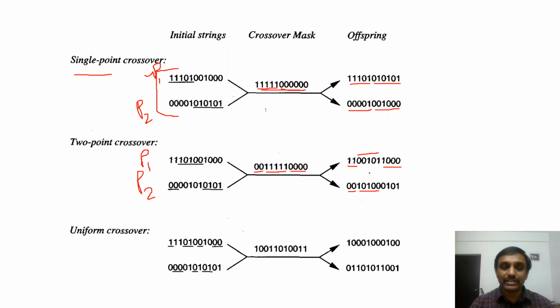Zeros you consider for the second parent. Those positions we have to take from the second parent only. Observe this one is P1 and P2. So how is this first offspring generated? One positions we are taking from P1 and zero positions we are taking from P2.